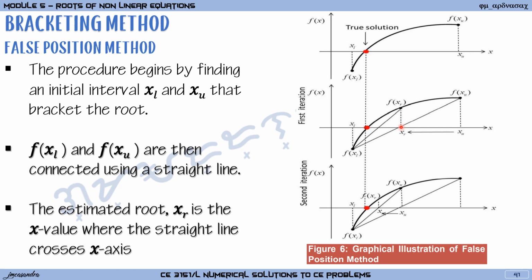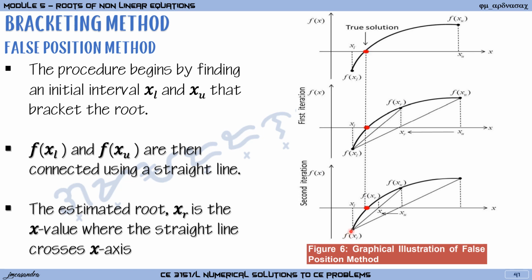The point where the line connecting the two function values intersects the x-axis is our estimated root. From there, we identify the new limits for our new iterations.